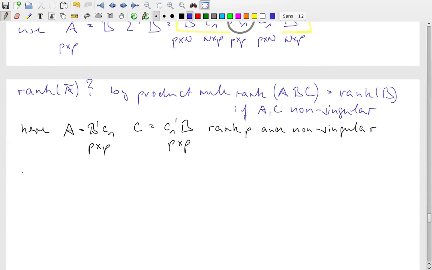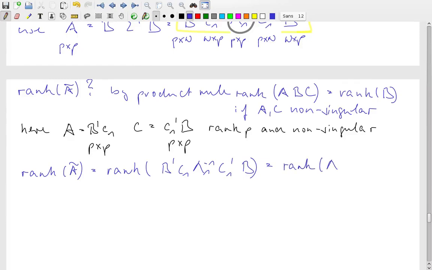So the rank of A tilde is then the rank of, writing out the matrix again in detail. Okay, and by the product rule, that would be the rank of the matrix in the middle, that is the rank of lambda 1 to the minus 1.